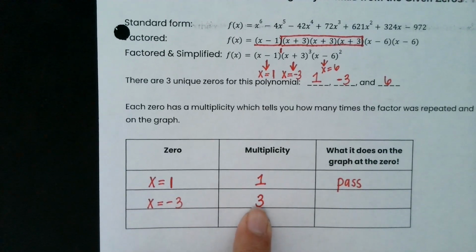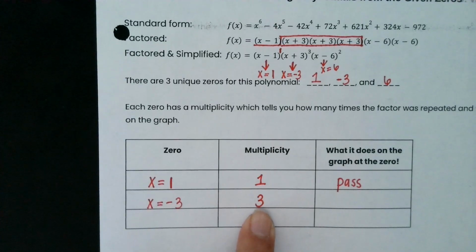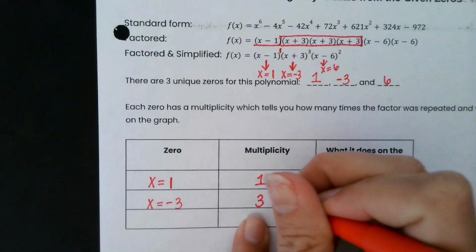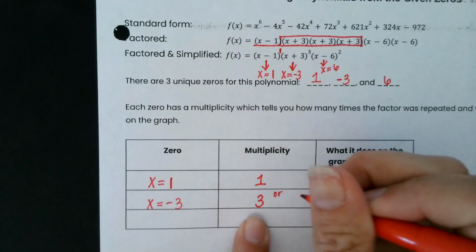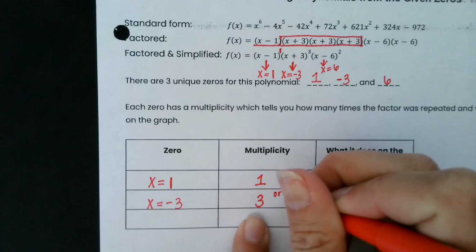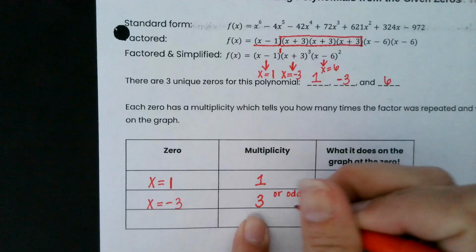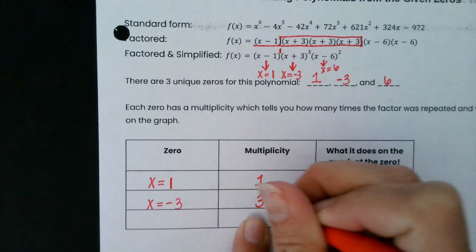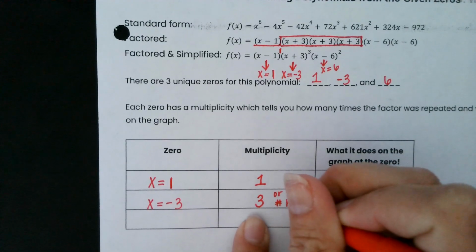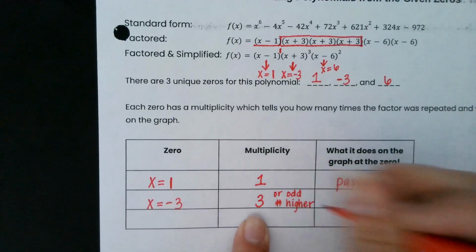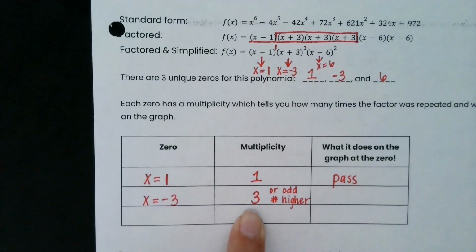Now, what happens when the multiplicity is 3, or another odd number that's higher? If the multiplicity was like 5 or 7, we won't really deal with numbers that high, but it's worth mentioning.